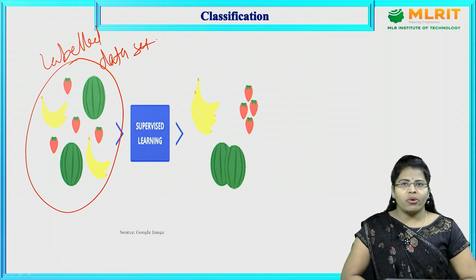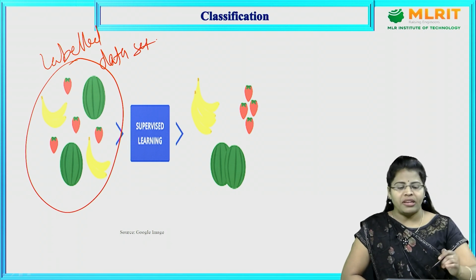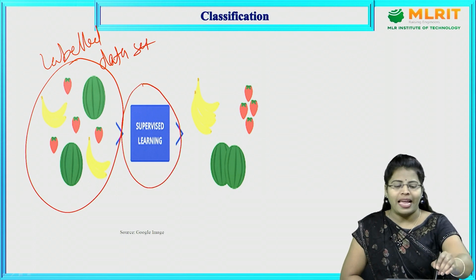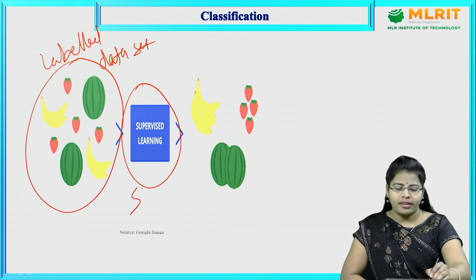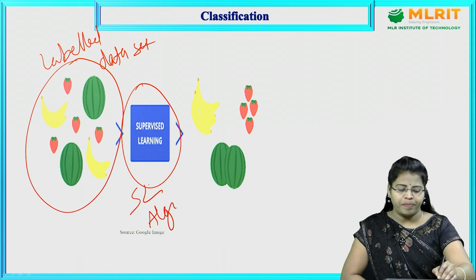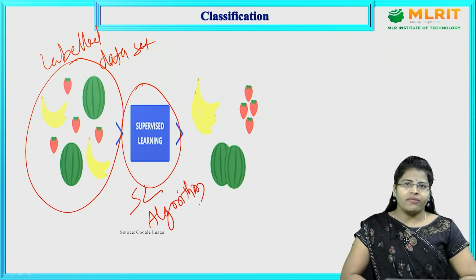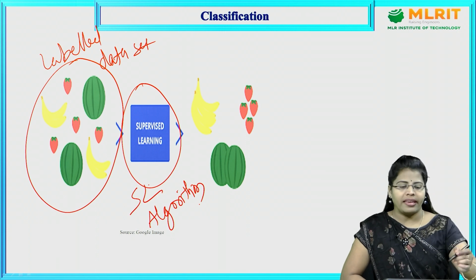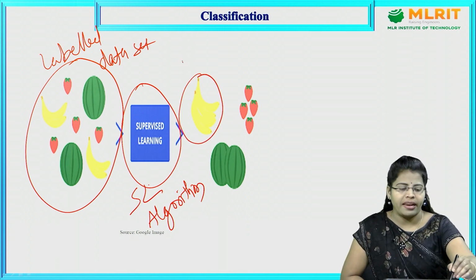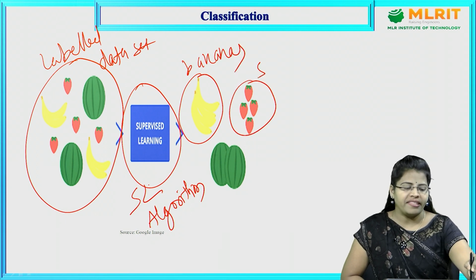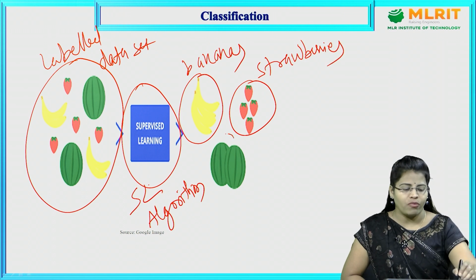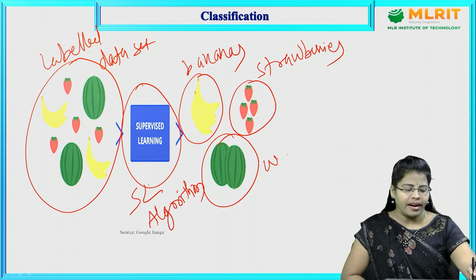So what we are going to do is train our machine learning model with the help of a supervised machine learning algorithm, to divide the fruits into particular categories, like bananas into one category, strawberries into another category, and watermelon into another category.